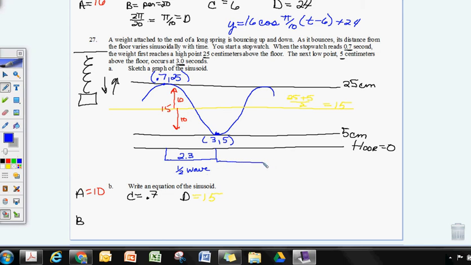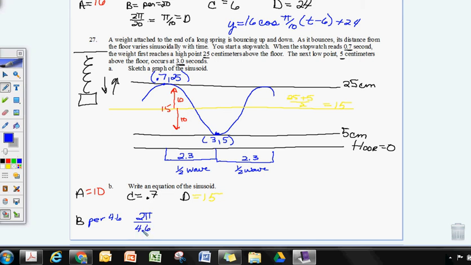So in another 2.3 seconds, it would do another half of the wave, which means that my period is 4.6. That means my B value is 2 pi divided by 4.6.